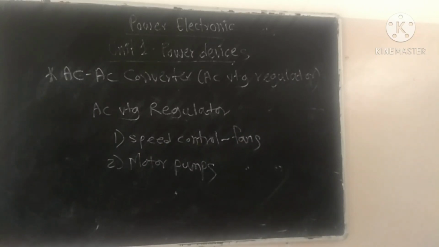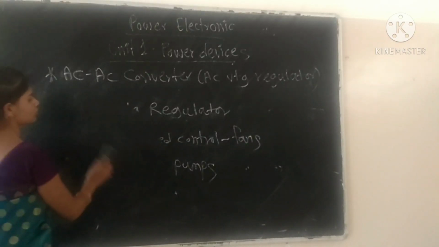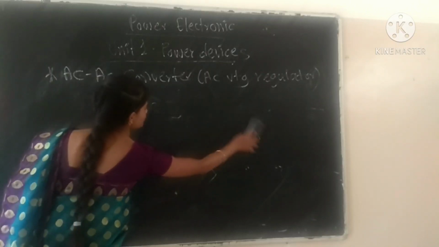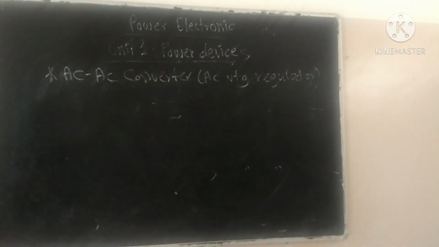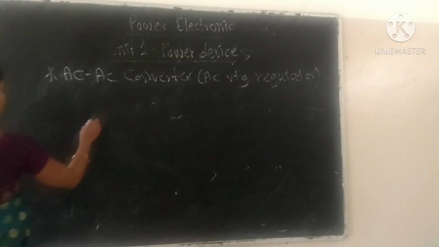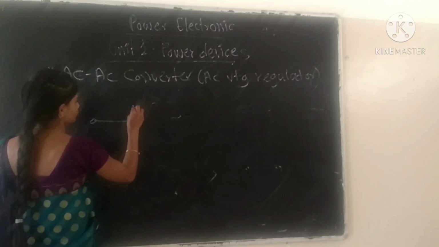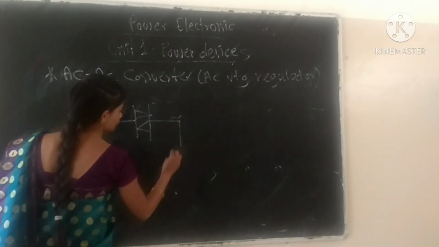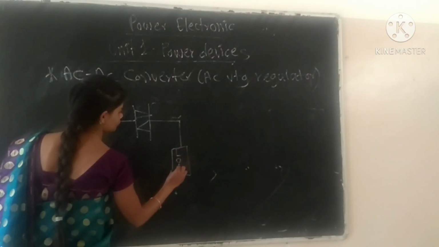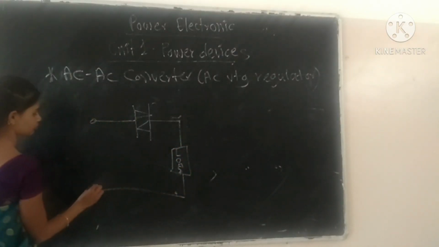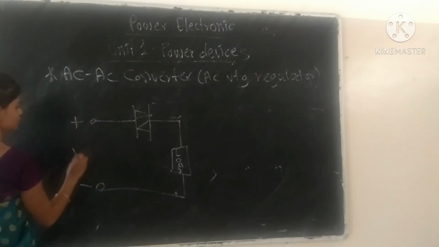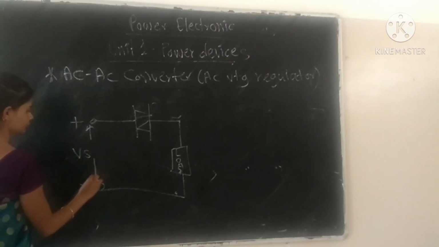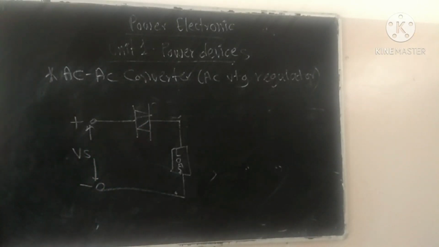Then we see the waveform for this AC voltage regulator. Here we use a triac, plus minus Vs. The triac is used for controlling purposes.